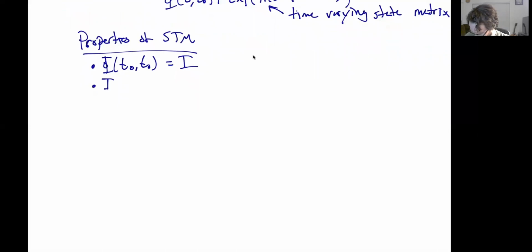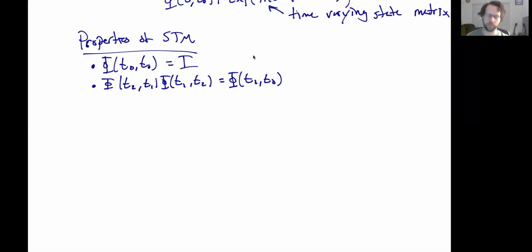This next one is the property of products. So if we have phi of t2 and t1 times phi of t1 and t naught, this is equal to phi of t2 and t naught. Okay. This one's pretty easy to show through just taking a sequence of solutions between those intervals.